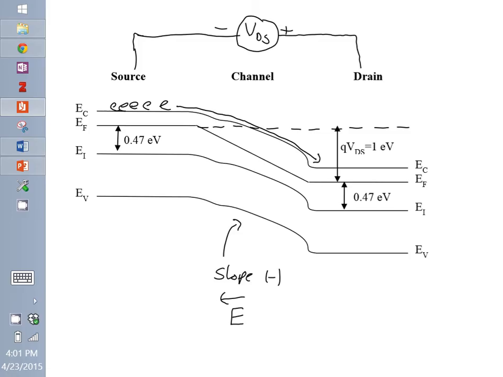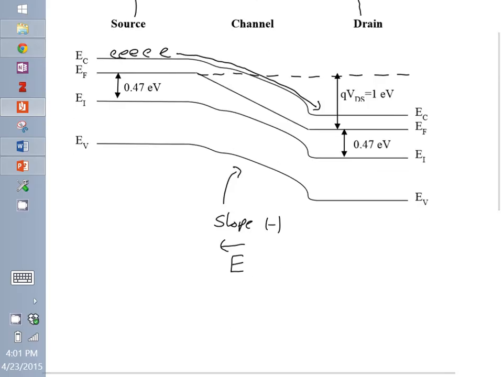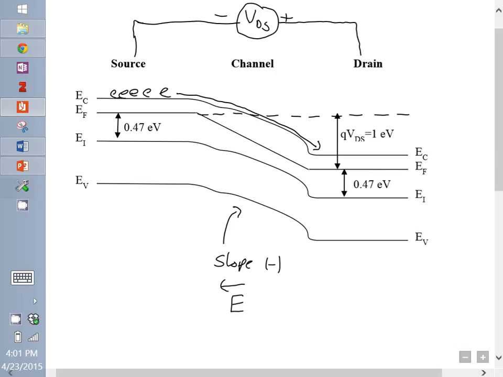What is the direction of the current? Right to left. Exactly. So the electrons are moving from left to right. The current is in the opposite direction. So the electric field is pointing from right to left. The current is also going from right to left.